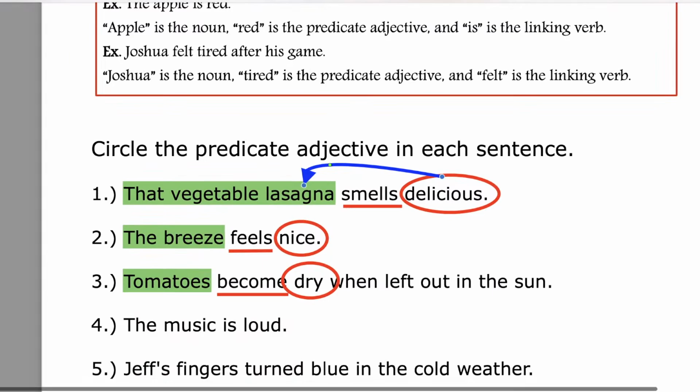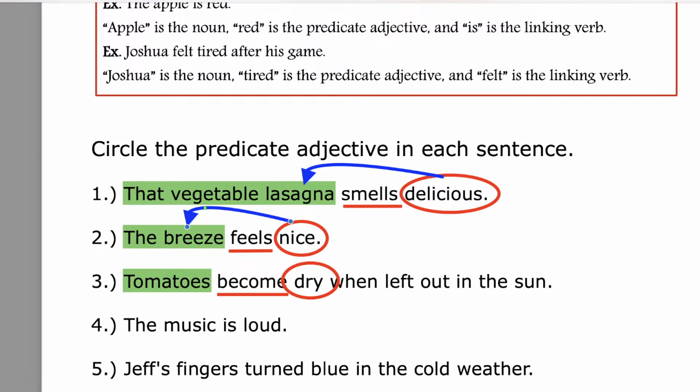So, when we say the breeze feels nice, nice is our adjective describing what? Describing the breeze. Right?